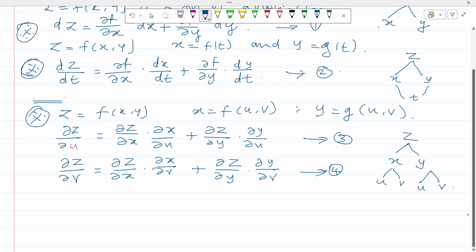Already we discussed many problems. Even a few doubts are there in this. For example, based on the total differential, we'll see the problem.